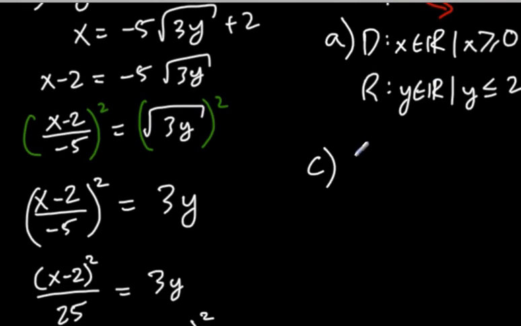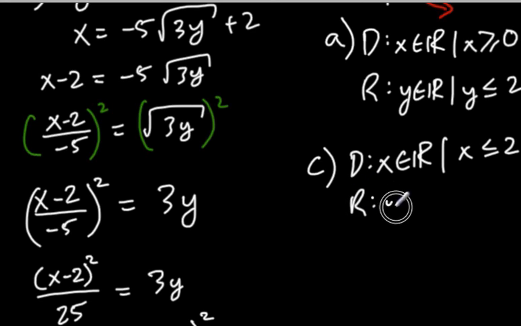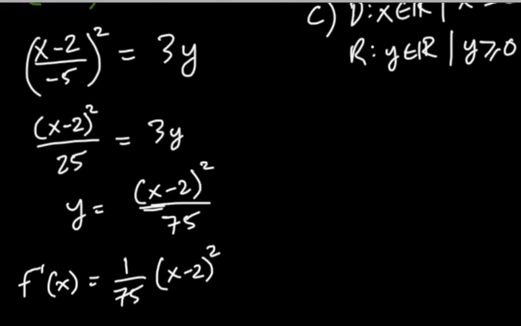So if we switch them, the domain of the inverse is really the range of the function. So x is an element of reals, and x is less than or equal to 2. The range is y is an element of reals, and remember, the range is equivalent to the domain of the function, so it's y is greater than or equal to 0. So we basically have a quadratic here.